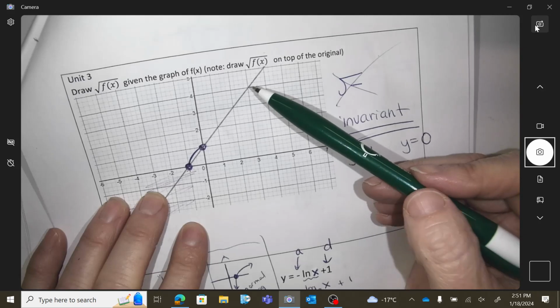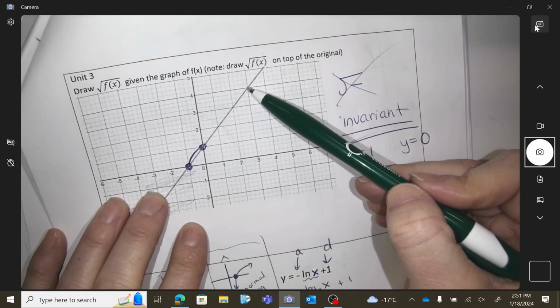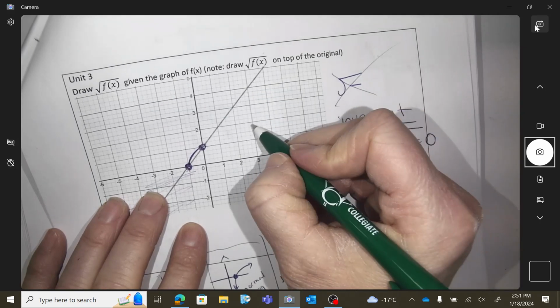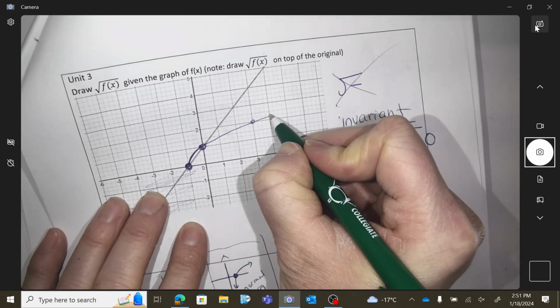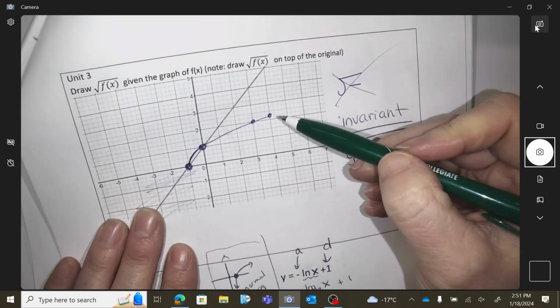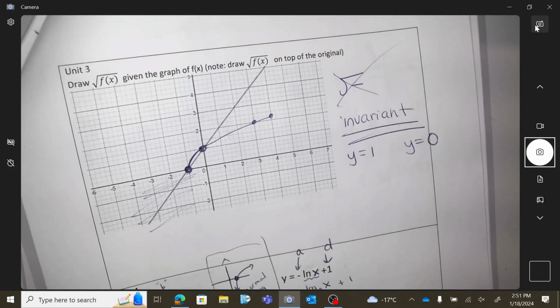And I'm actually going to go over here and take something specific. This point is 4 height, so it should go down to 2. And if your graph stops, you stop. If your graph has an arrow, you have an arrow. So be careful, right?